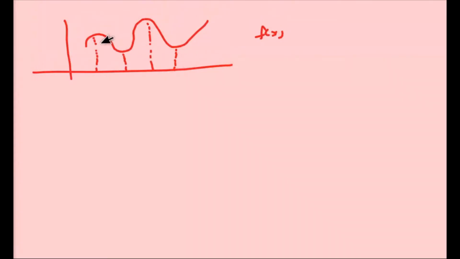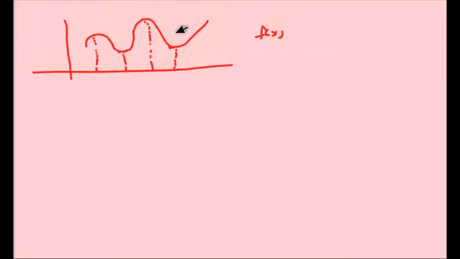You can see this function first increases, and at this point again decreases, and for this point it is decreasing here and increasing here. For this point it is increasing, then decreasing. For this point first decreasing, then increasing.